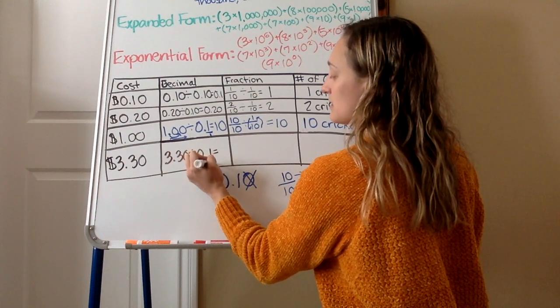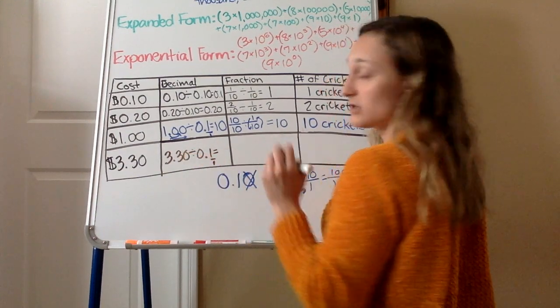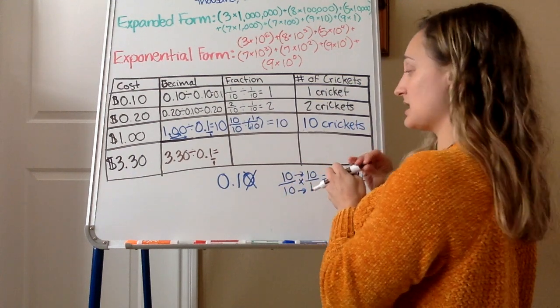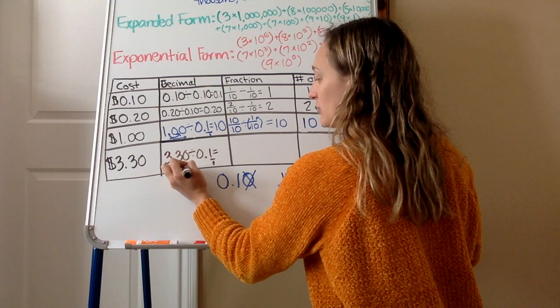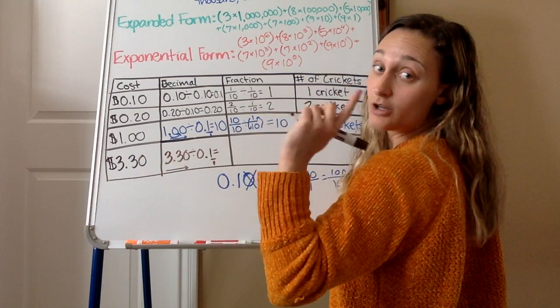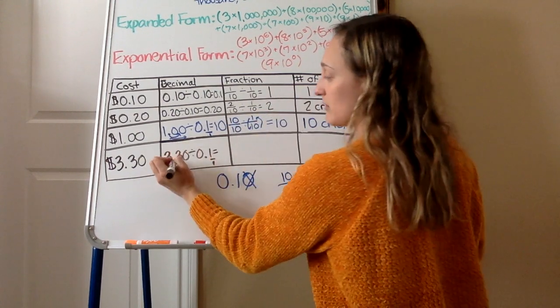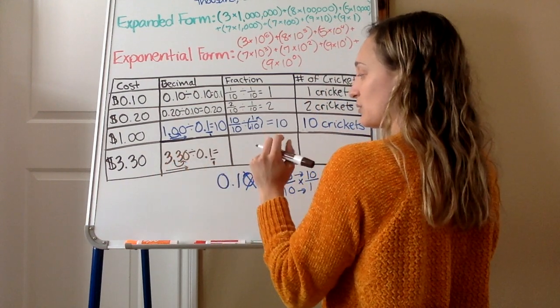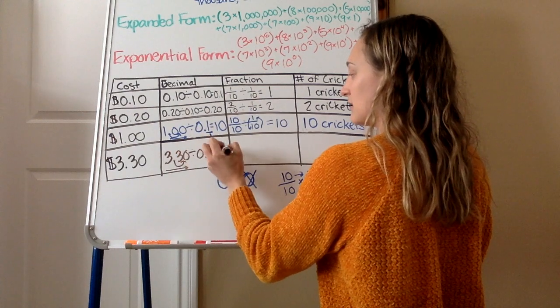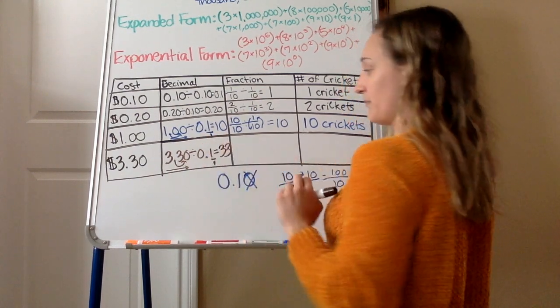Our 1 is 1 space to the right of the decimal. Therefore, we are going to move our decimal point 1 spot to make our number bigger, which means it needs to go to the right. It should be between the 3 and the 0, which gives us the number 33.